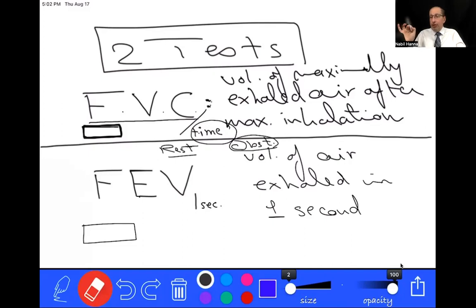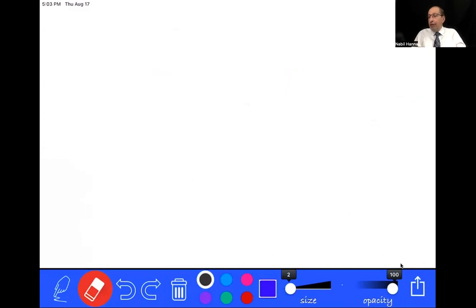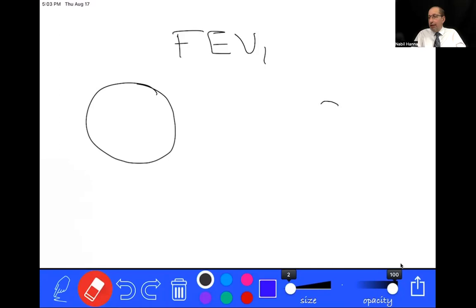Or in other words, this FEV1, is it lower when the bronchi are narrow? So tell me about the FEV1 with a bronchus like this or a bronchus like this.